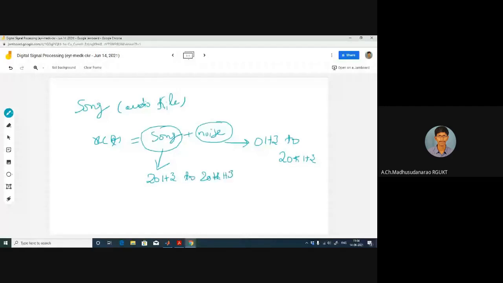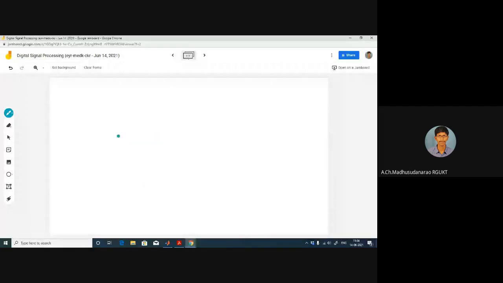What we have here is that song, our signal, 20 Hz to 20 kilohertz, plus noise also there. Noise is also falling in the same frequency band. For example, let my signal be x of t equals signal s of t plus n of t.